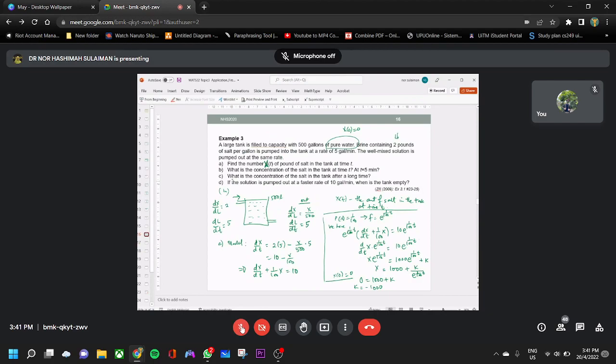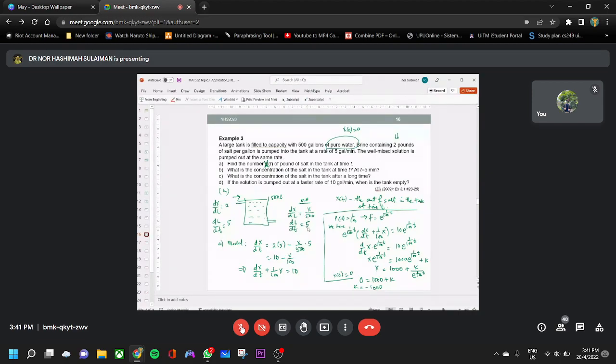And then D, if the solution is pumped out at faster rate of 10 gallon per minute, when will the tank be empty? Kalau sekiranya solution ni dikeluarkan pada, ini current ni dia sama kan? 5 betul? Katalah kita ubah yang ni kepada 10. What happen?